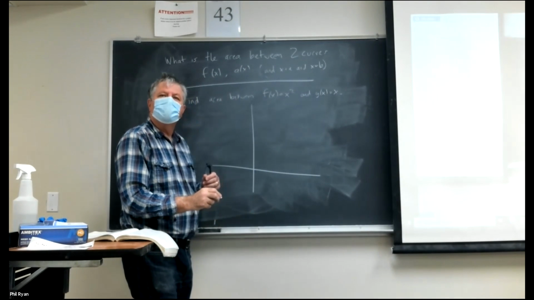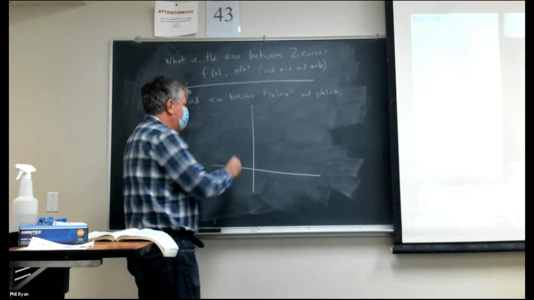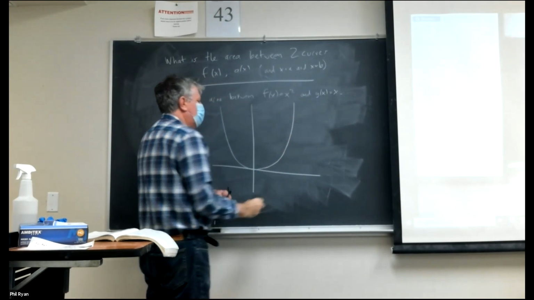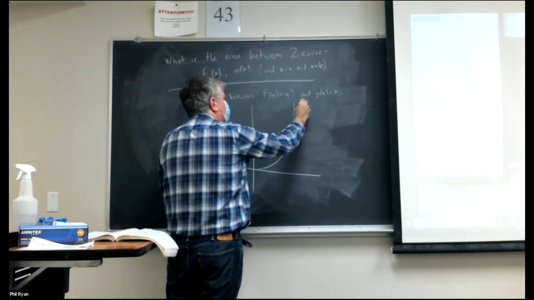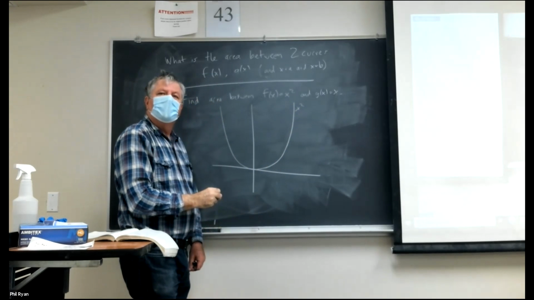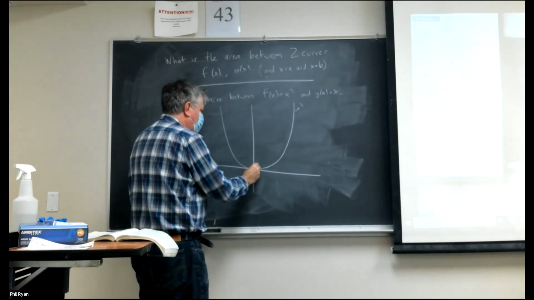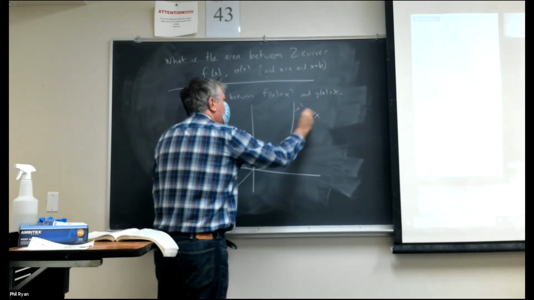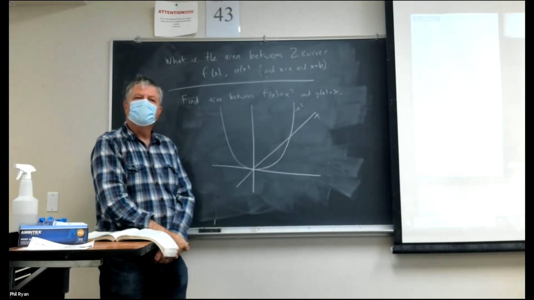X squared is just a parabola, right? So it looks like this. X is just a straight line, and it looks like this.